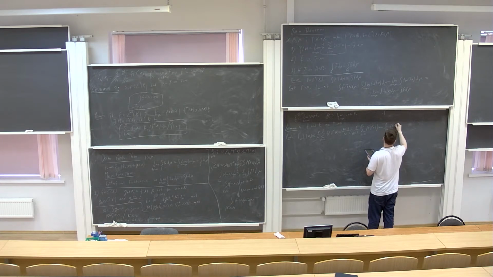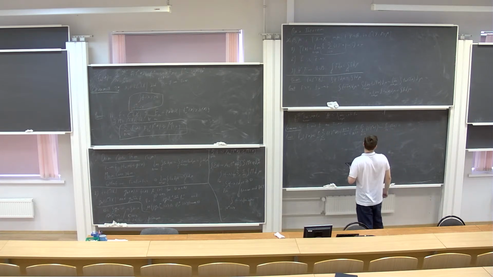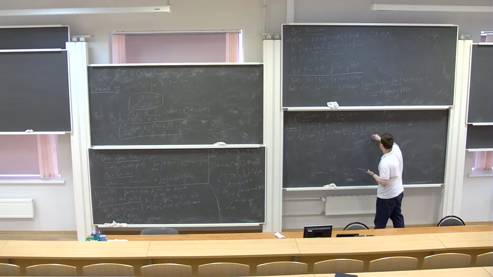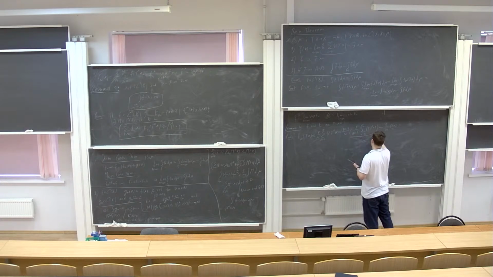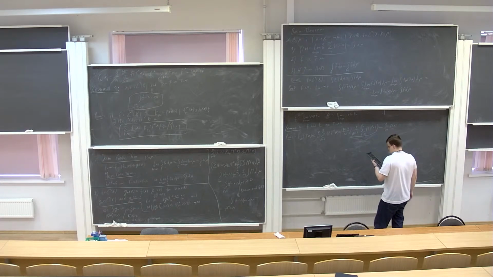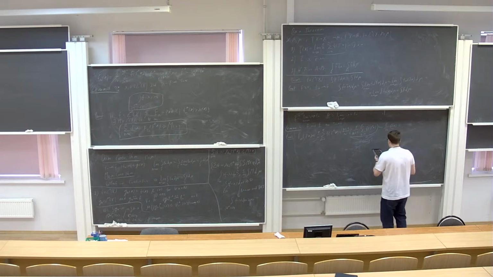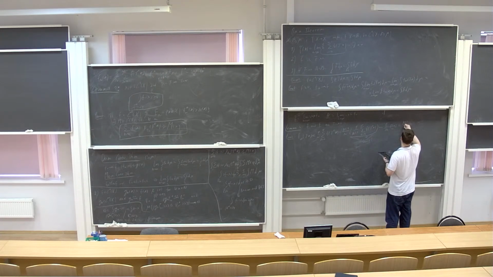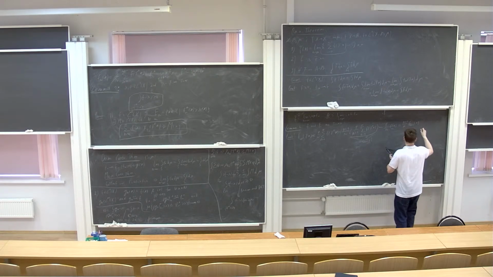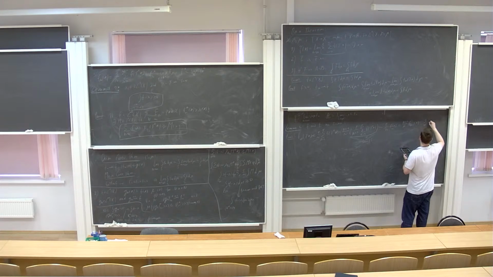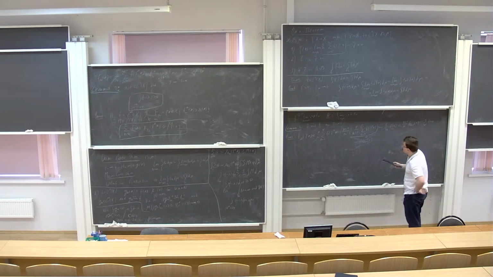We basically added and subtracted 1 over n times f of x, and this thing is basically Fn plus 1 of x. So we get n plus 1 over n times Fn plus 1 of x equals Fn of x plus 1 over n times f of x. Okay, so we get this equality.